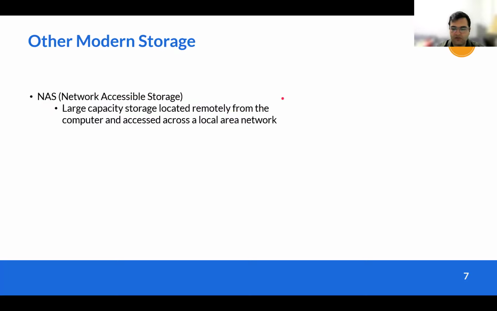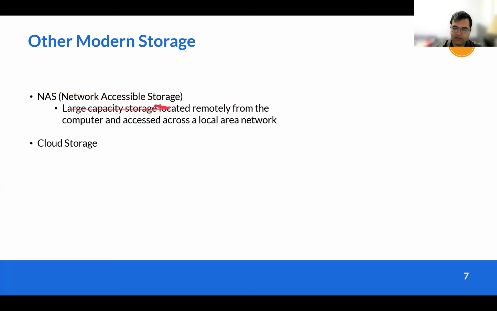So you might have servers and databases in a different building, and then you have your computer at home or in the office, and you log in there to access your files. Companies do this, and some individuals do it for their own backups.